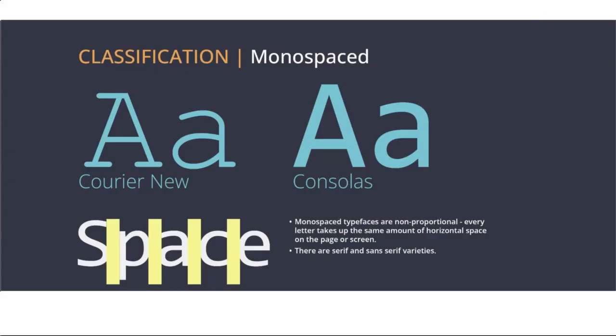Another classification that is more specific to display typeface for digital displays is a monospaced classification. So they are non-proportional. Every letter takes up the same amount of horizontal space on the page or screen.